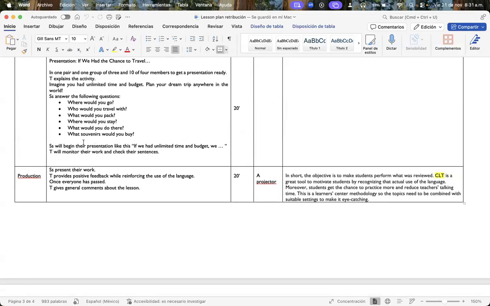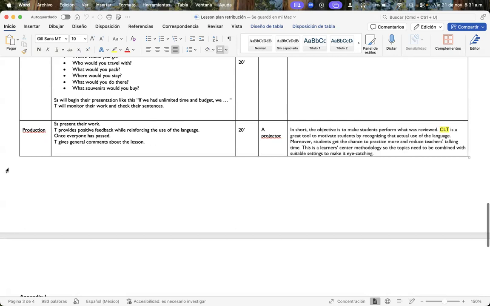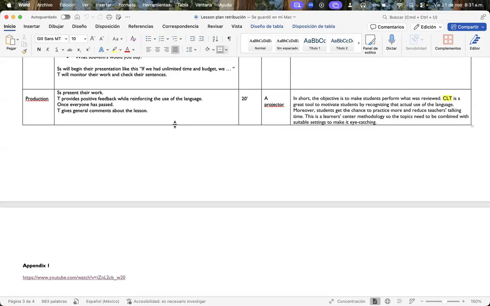So now that they are trying to do the activity, you as a teacher are going to check what your students are doing, the progress, and also what they are actually carrying out. And once the time is done, you're going to ask them to give the presentation.